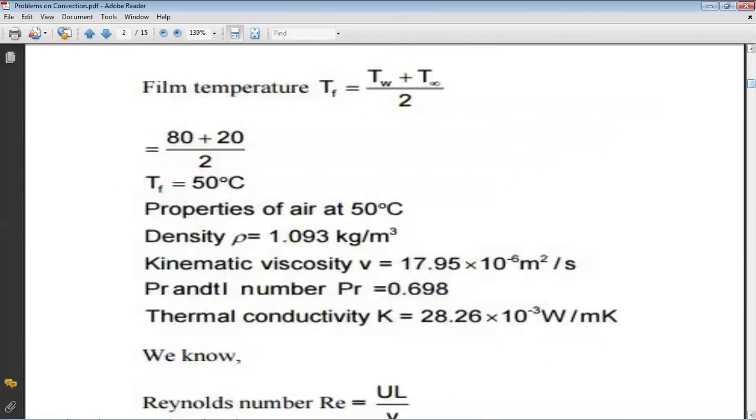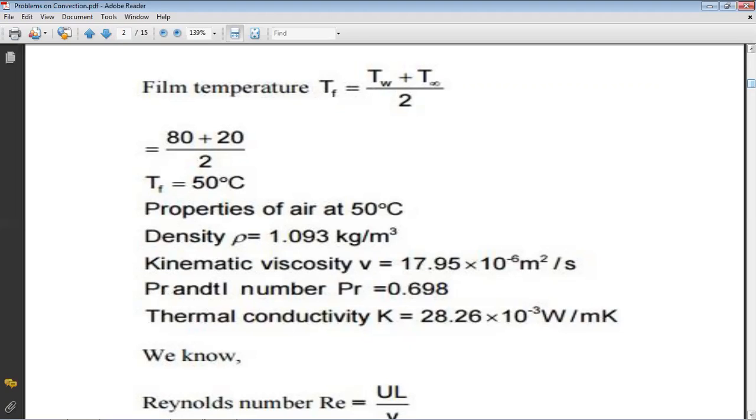Now before we begin the solution, first we need to calculate the film temperature. As we discussed already, film temperature is nothing but the average temperature of surface as well as fluid. The fluid temperature is 20 degrees Celsius and the surface temperature is 80 degrees Celsius. The average temperature is 50 degrees Celsius.